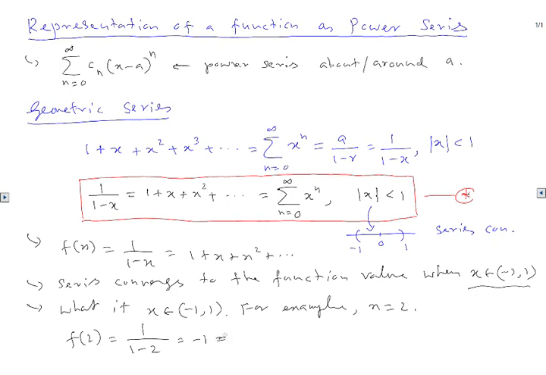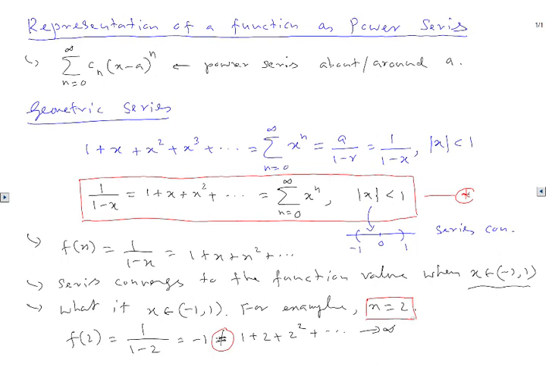That does not equal the series: if you plug in 2, you get 1 plus 2 plus 2 squared plus, and this side goes to infinity, so they are not equal. That's very important. The two are not equal if x is not in that interval, so you have to be very careful. This power series converges only for certain values. If you pick anything outside, the function does not equal the series.